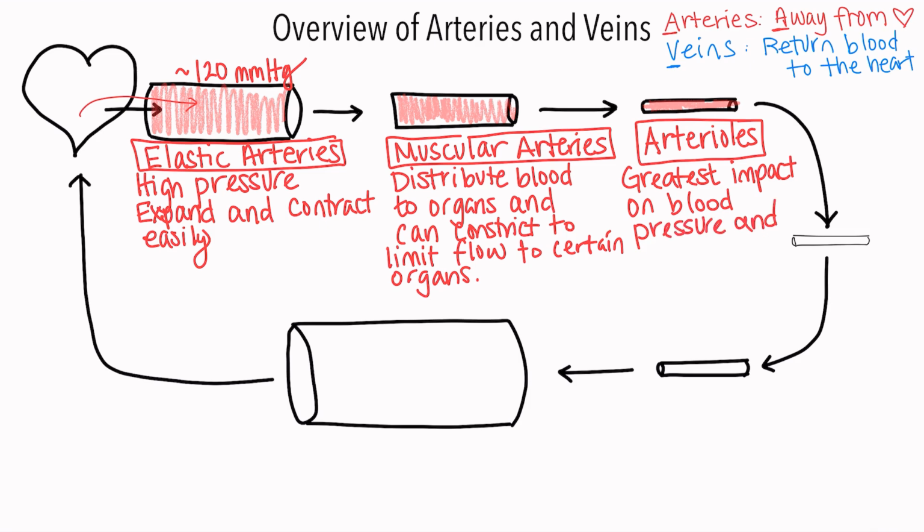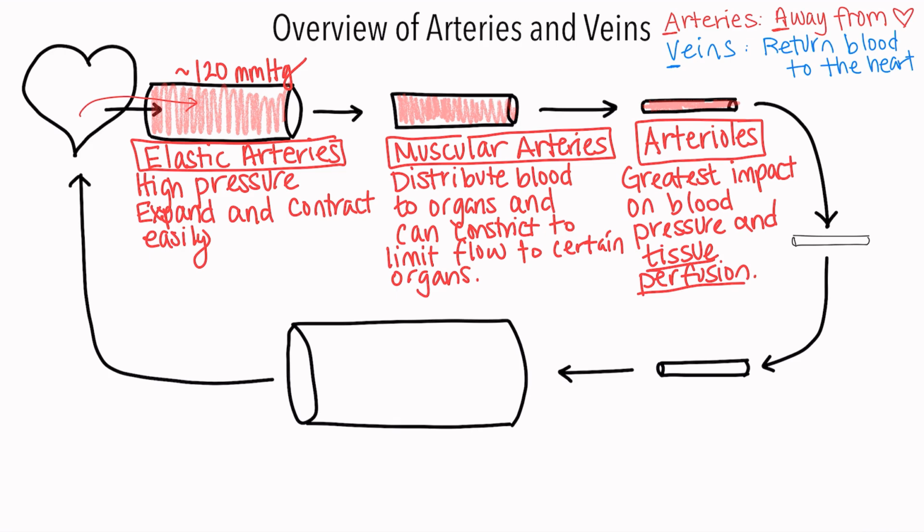And therefore, tissue perfusion. Perfusion of tissue is how much blood is actually passing through an organ at any given time. You have to have a certain level of tissue perfusion or the cells start to die.